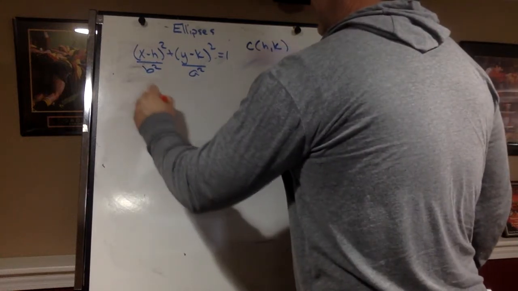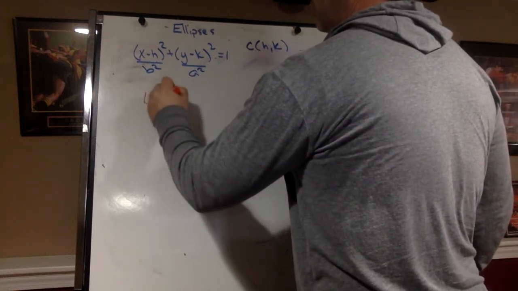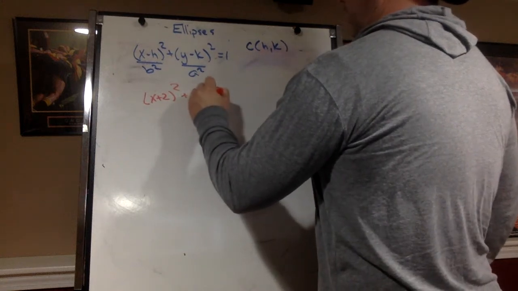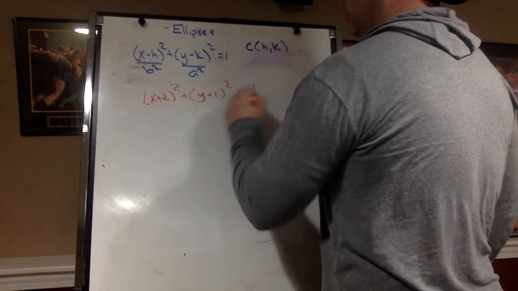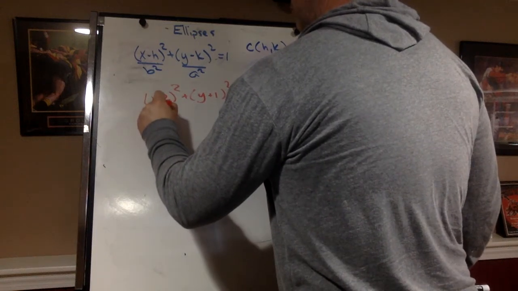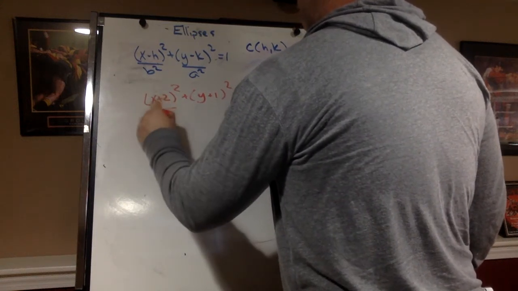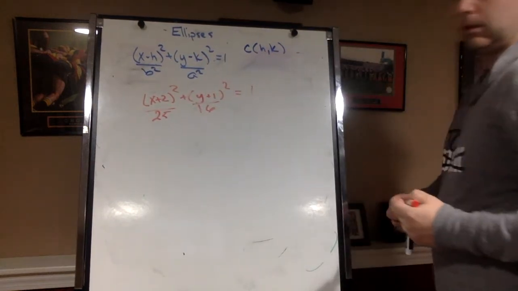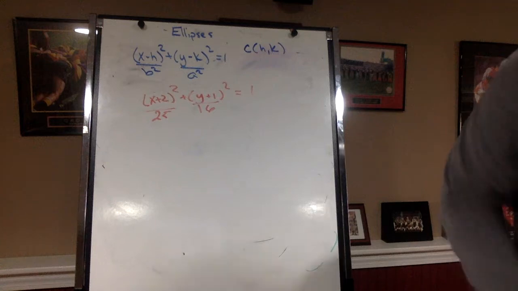So we'll say (x + 2) squared over 25 plus (y + 1) squared over 16 equals 1. We'll use the same numbers this time, 25 under here, 16 under there. Makes it easier to keep going.